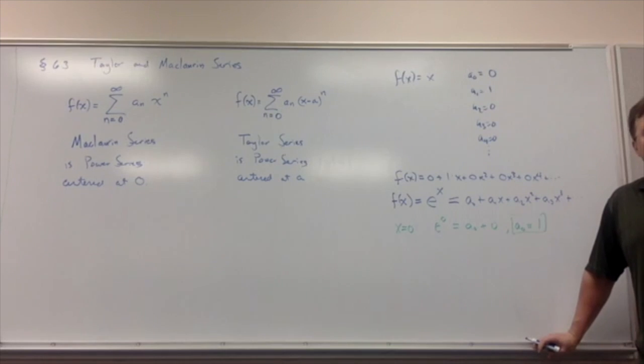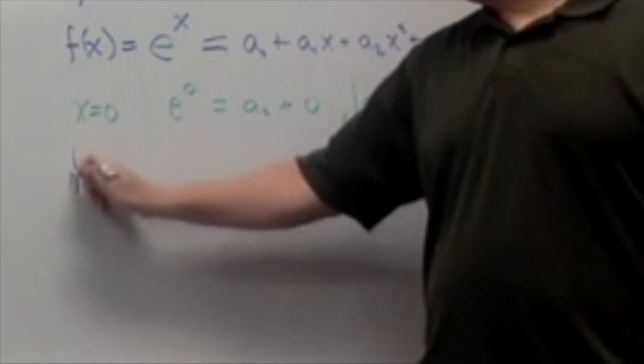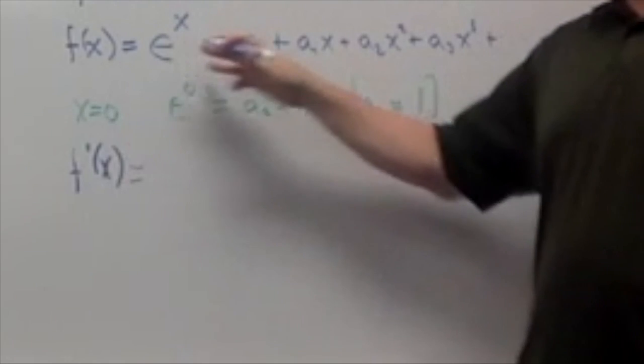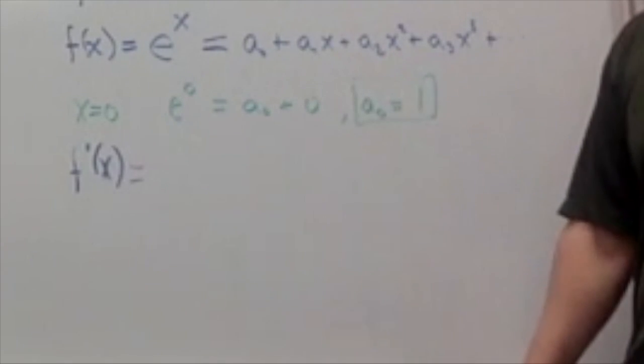We saw that if a power series exists, if there's a region where it converges absolutely, then you can take the derivative. That means the derivative of e to the x should be the same as the derivative of all these terms. The derivative of e to the x is e to the x. That's why this is the easiest one to work with.